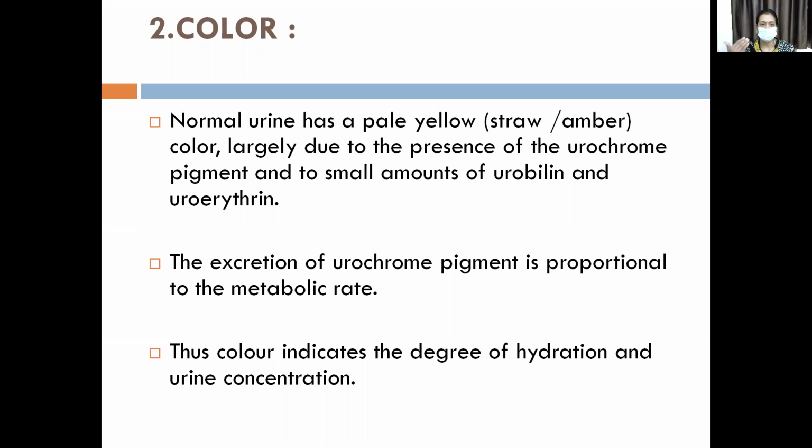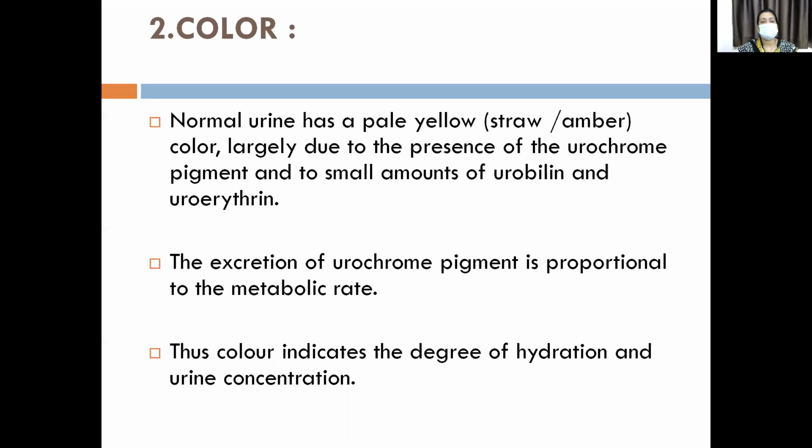So coming to the other one, that is the color. I told you about the urochrome pigment that is there, and a small amount of urobilin and uroerythrin. The excretion of the urochrome pigment is proportional to the metabolic rate. While I was talking about endocrines, I told you that the thyroid is the central organ which drives the metabolism, right?